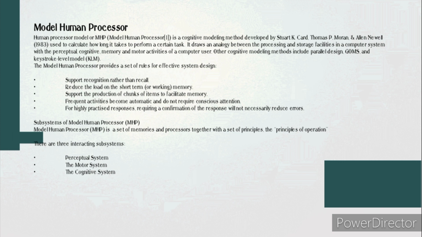For highly practiced responses, confirmation of the response is not necessary, to reduce errors. Subsystems of the Model Human Processor: it is a set of memories and processors together with a set of principles of operation. There are three interacting subsystems: the perceptual system, the motor system, and the cognitive system.